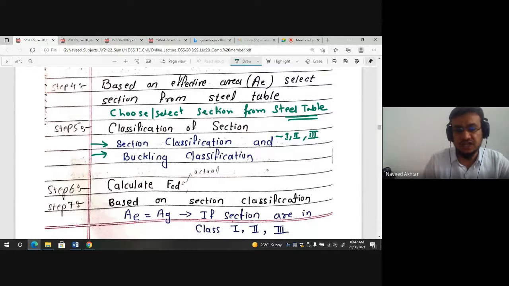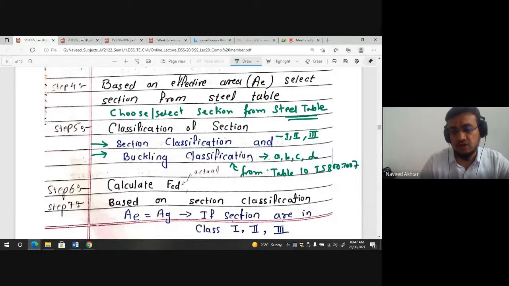In buckling classification, you have A, B, C, and D. It is from table number 10 of IS 800:2007, given on page number 34.